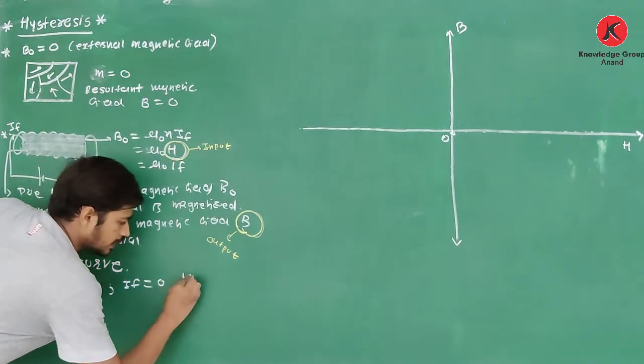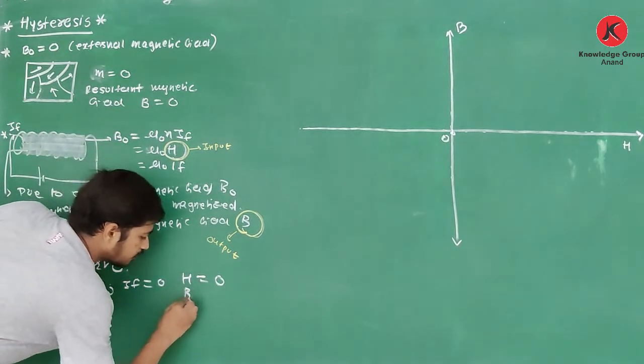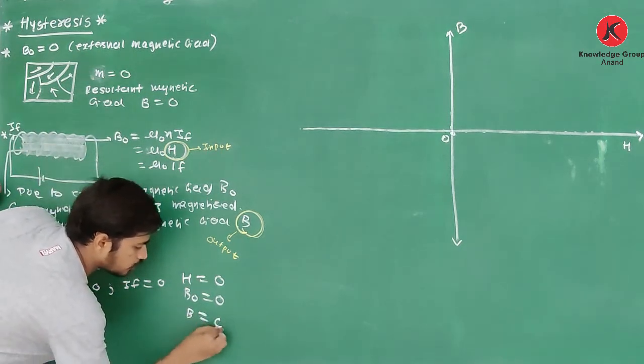Yes or no? So H is equal to 0, so the external magnetic field in the solenoid is 0. And now if I place this ferromagnetic material in this solenoid, will it be magnetized? No! So what is the resultant magnetic field inside the solenoid? B is equal to 0.